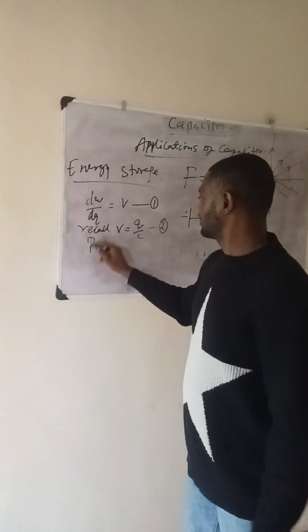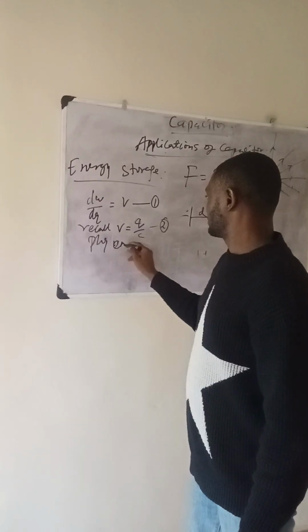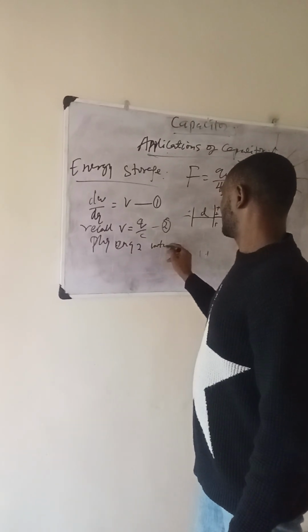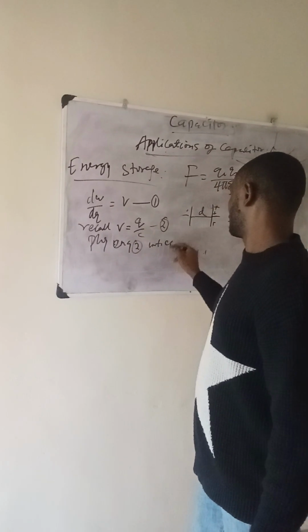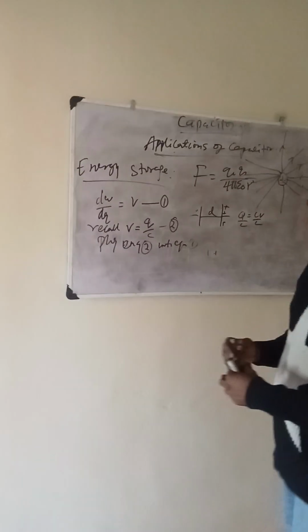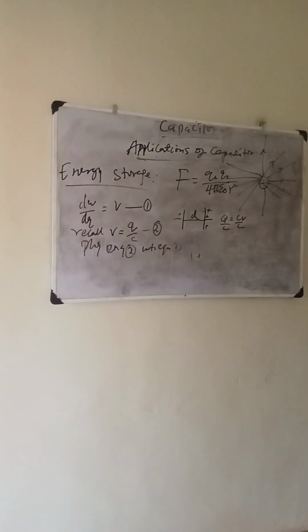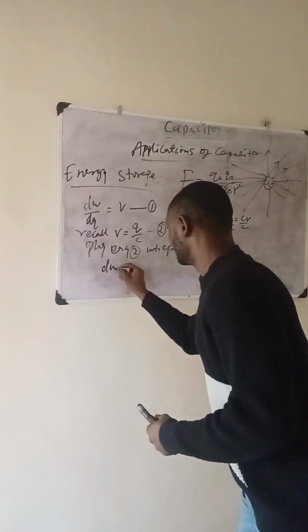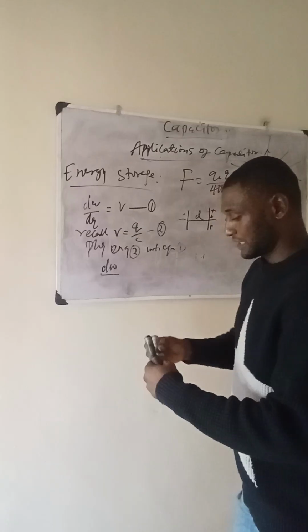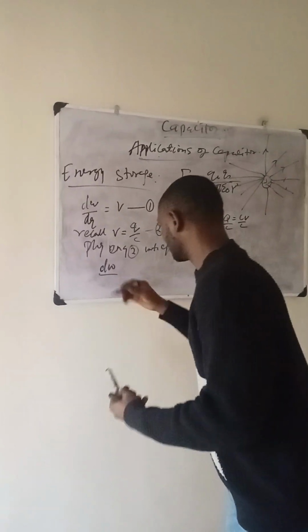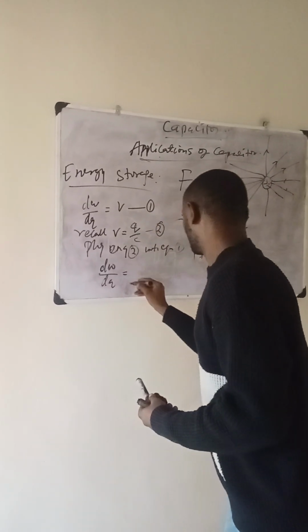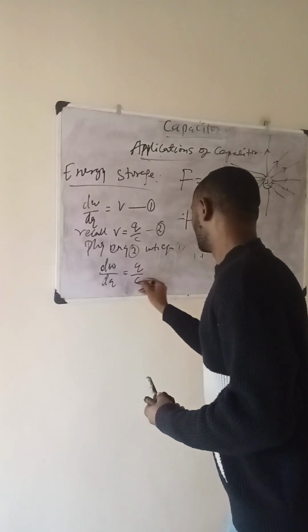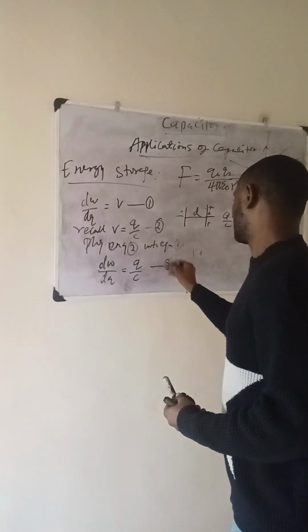So plug equation 2 into equation 1. If I put equation 2 into equation 1, what I will have will be very beautiful. That will give me this little work dW done by this electric charge, equal to q all over C dq. Okay, this is equation 3.